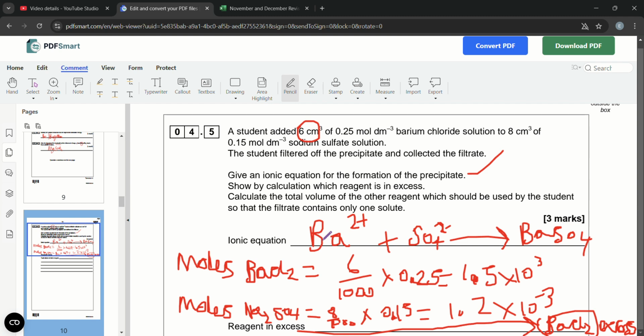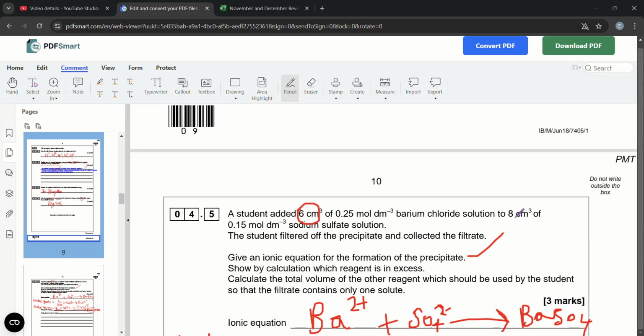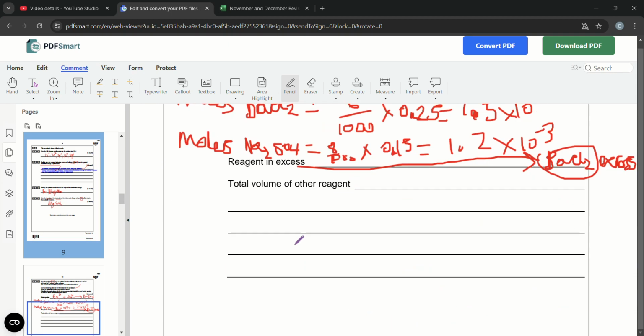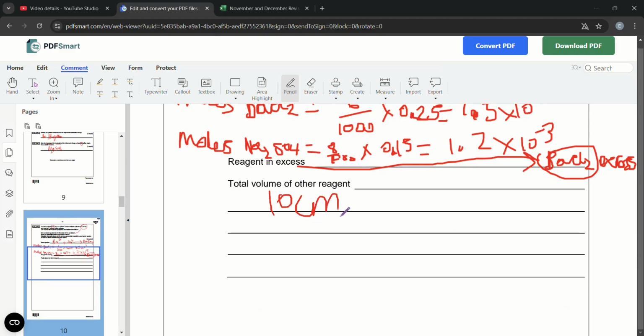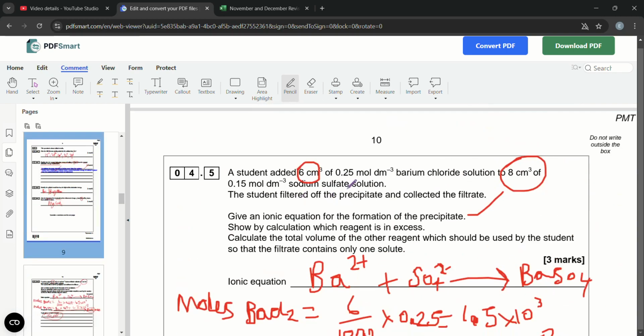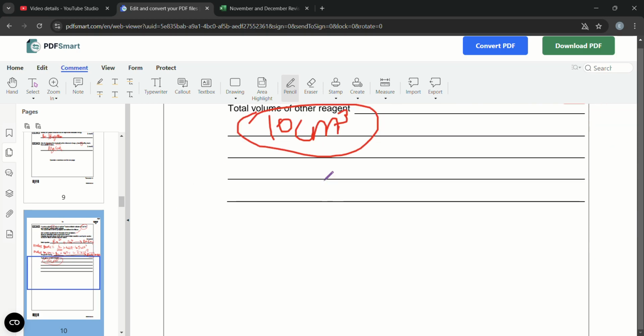So the total volume of the other reagent is going to be 10 centimeters cubed of 0.15 mole per dm cubed sodium sulfate. But it only asks for the total volume, which is 10 centimeters cubed.